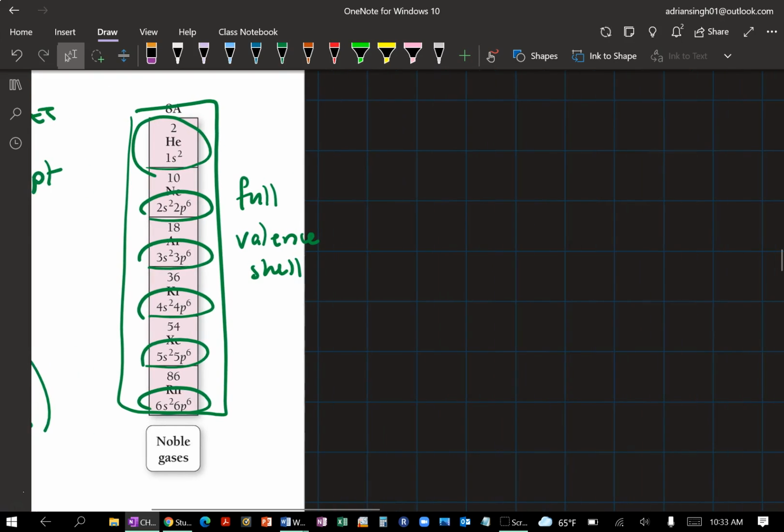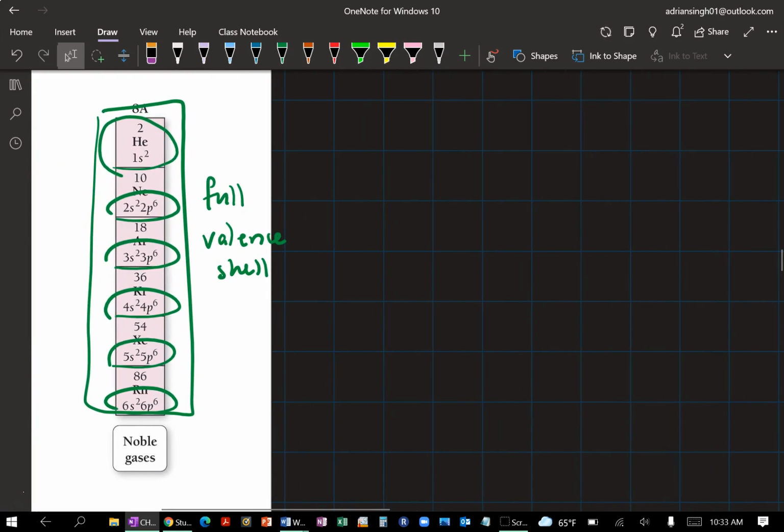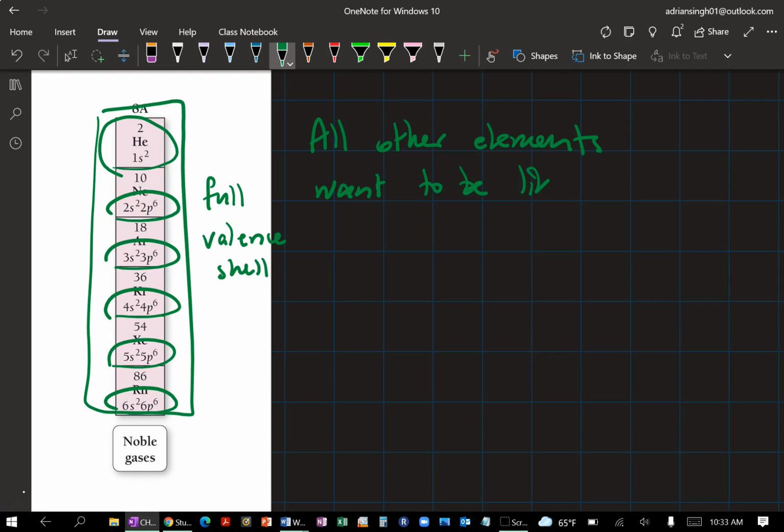Now, these noble gases are the epitome of stability on the periodic table, and all the other elements actually want to be like them. So all the other elements want to be like the nearest noble gas to them. And this is really important because it dictates how these other elements are going to behave. They want to be like the nearest noble gas in terms of their electrons, right?